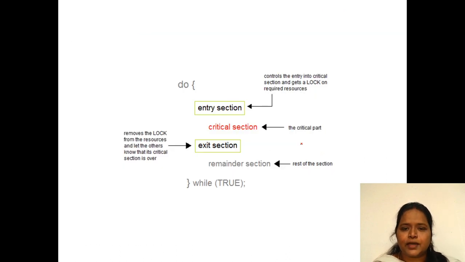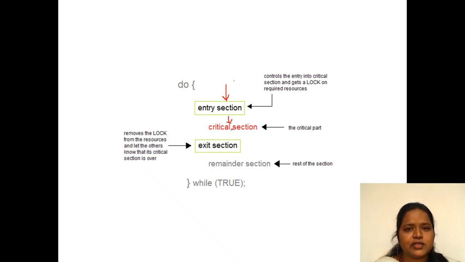Here we have discussed the critical section. Before any process enters, it has to execute the entry code first. After executing the entry section, it has to execute the critical section.